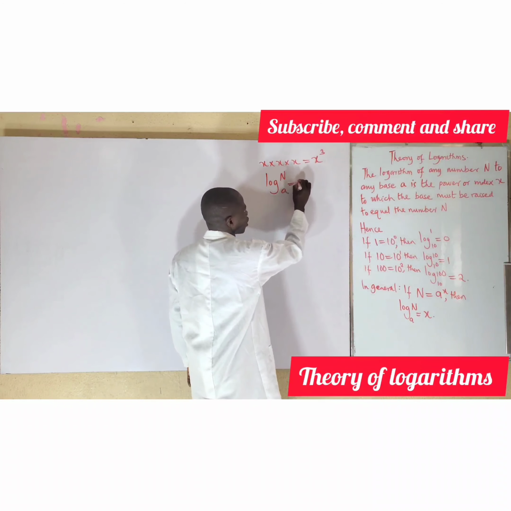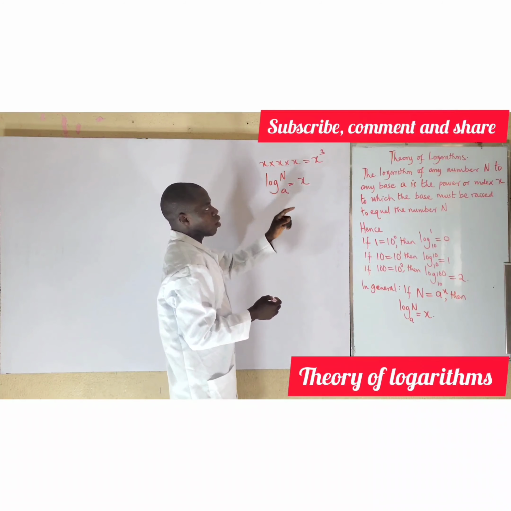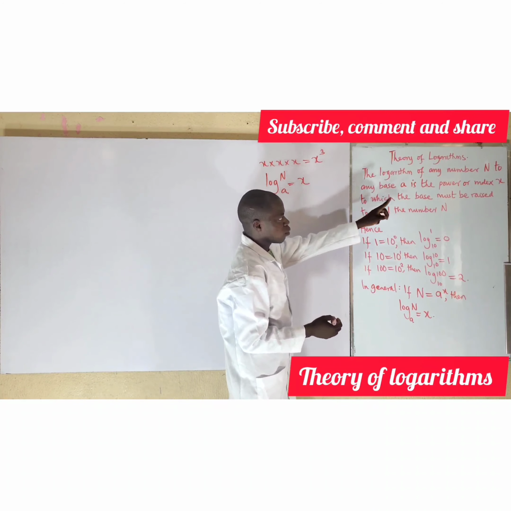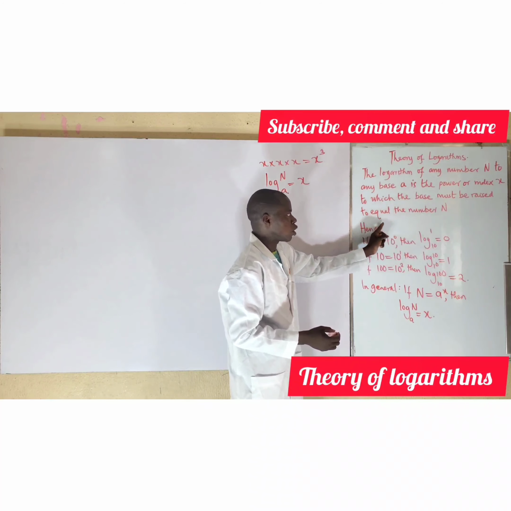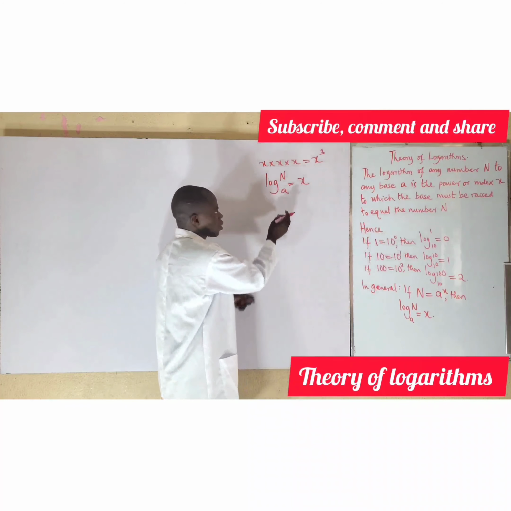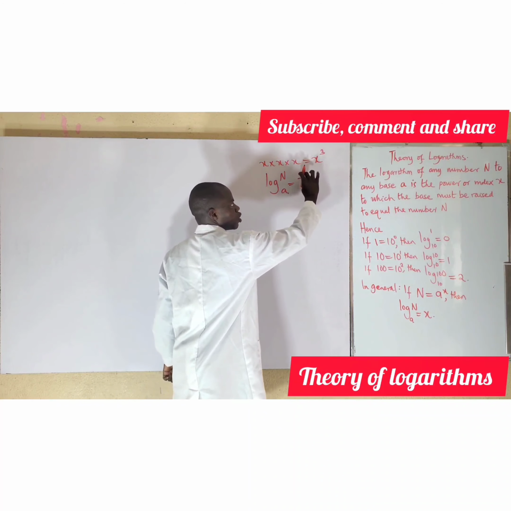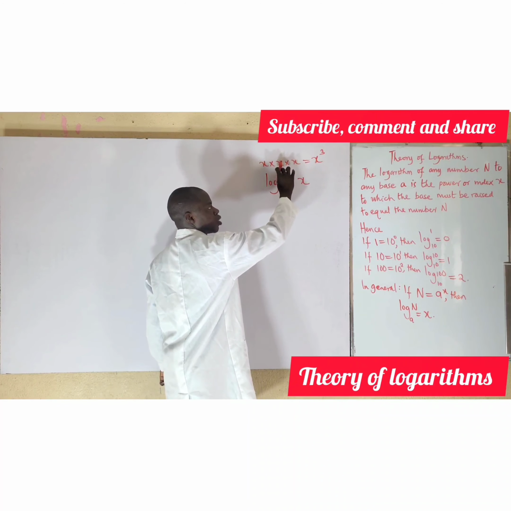That means this equals x. What this statement is saying is that the logarithm of any number n to base a is the power or index to which the base must be raised to equal the number. The base must be raised to this power, which is equal to the number you are given.